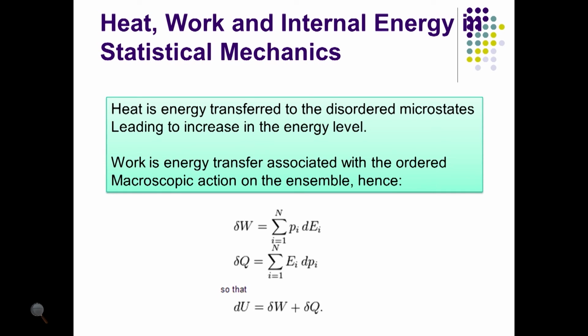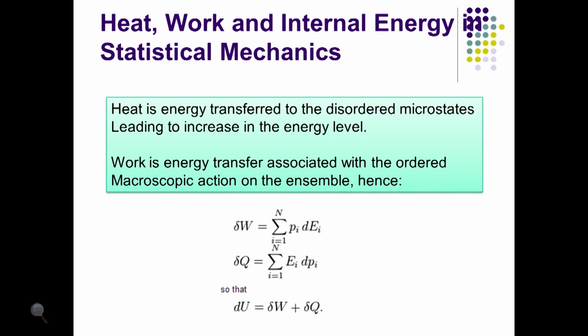In the case of work, we are doing an external macroscopic action on the ensemble of particles, like a piston in a cylinder that you move down with pressure and temperature. So delta W in microscopic form, where there are n microstates, has p_i, again the probability, and dE_i, the energy of a particular microstate. If you sum them up from i equals 1 to n, that becomes the total work provided by the energy supplied through external macroscopic action.